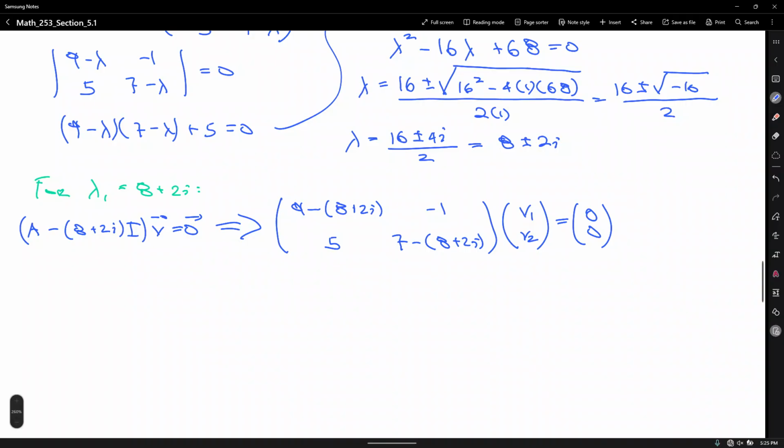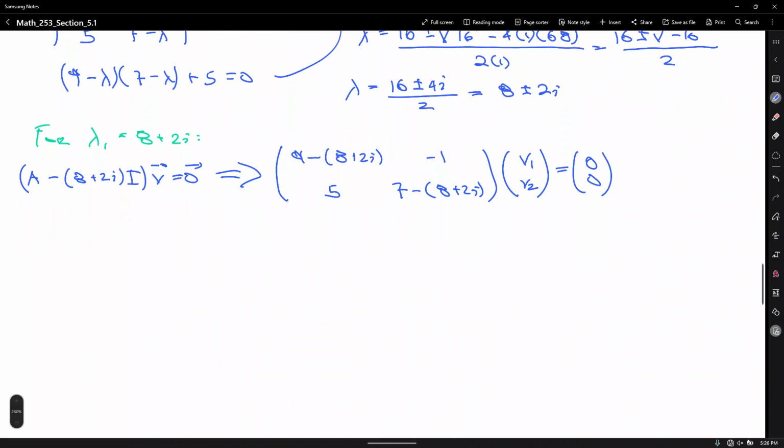Okay, let me keep writing this one as a matrix. However, I'm going to write it as an augmented matrix, so I don't have this multiplication of vectors. I mean, we could do the multiplication. That's fine. But it will be more convenient, more compact to have the following. Okay, so what do we get? 9 minus 8 is a 1 minus 2i.